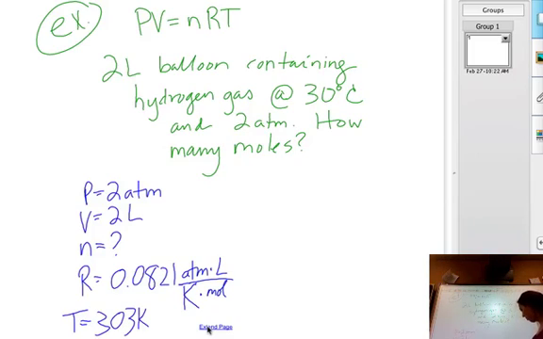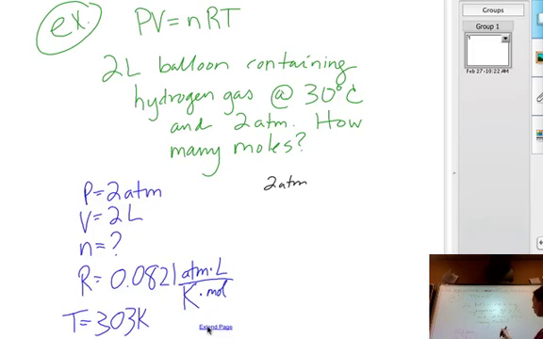Alright, so let's plug the numbers in. So we got P times V. Now, this is where, if you haven't been doing it before, you want to start writing units in. Because we've got these four units here, this crazy jumbled mess of units, and if you don't write units here, you won't know what's happening.